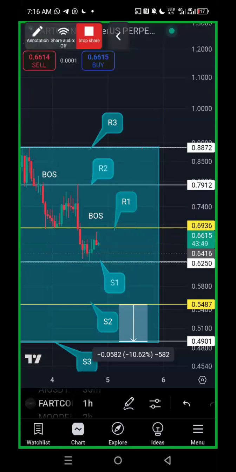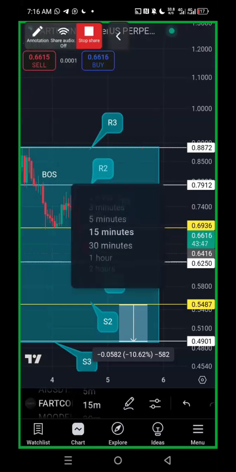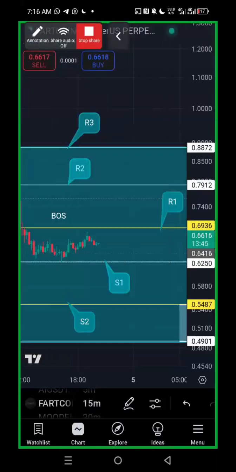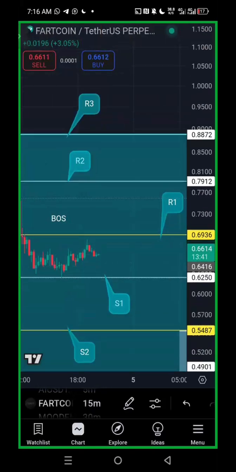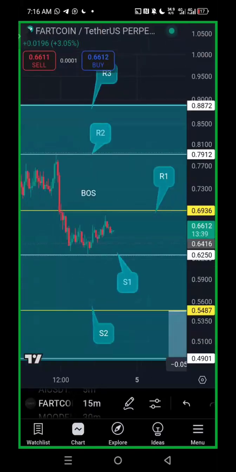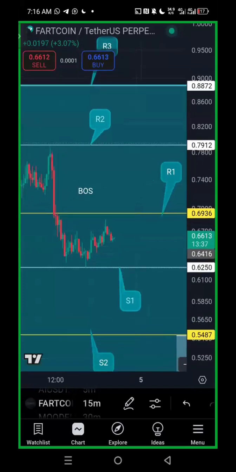Right. So let's come to a 15 minutes time frame. Now you are in a 15 minutes time frame. You see, this is where our market price is. See that?